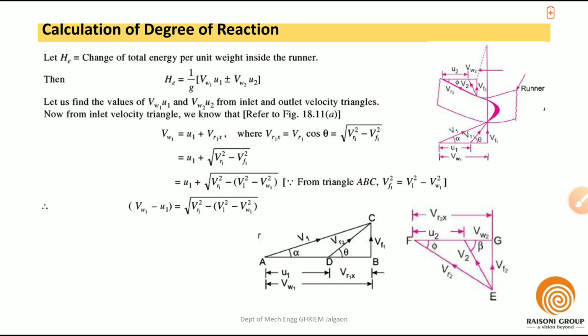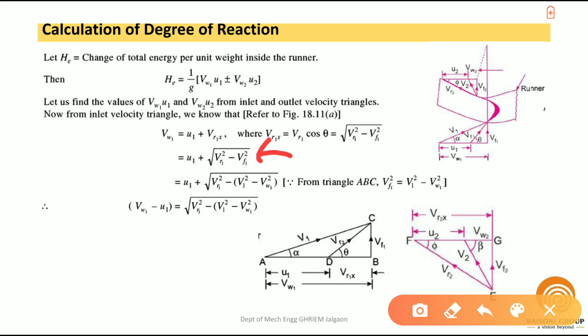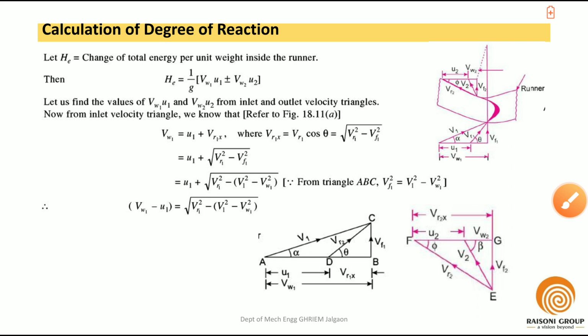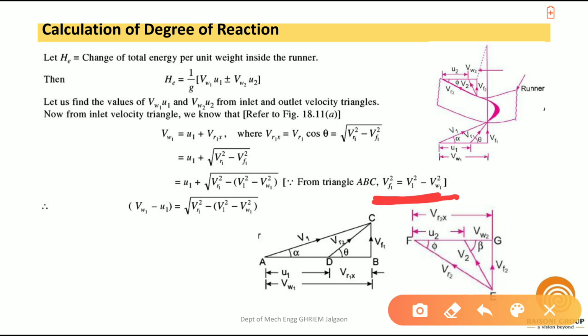Now similarly, the value of Vf1 can be found out from triangle ABC. From this triangle ABC, by the Pythagoras theorem, Vf1 square is equal to V1 square minus Vw1 square.